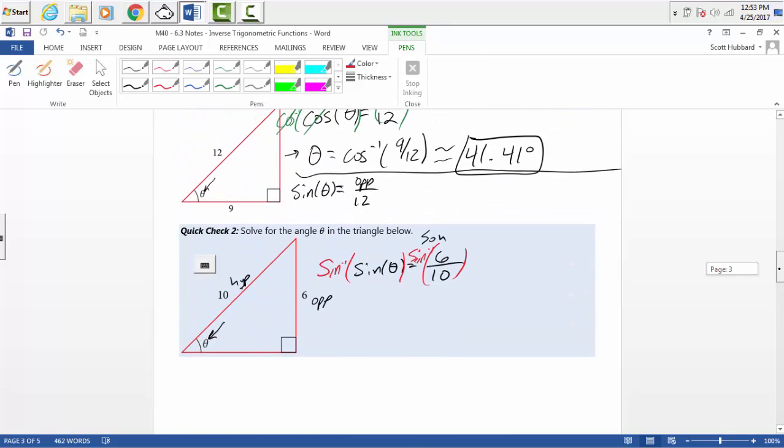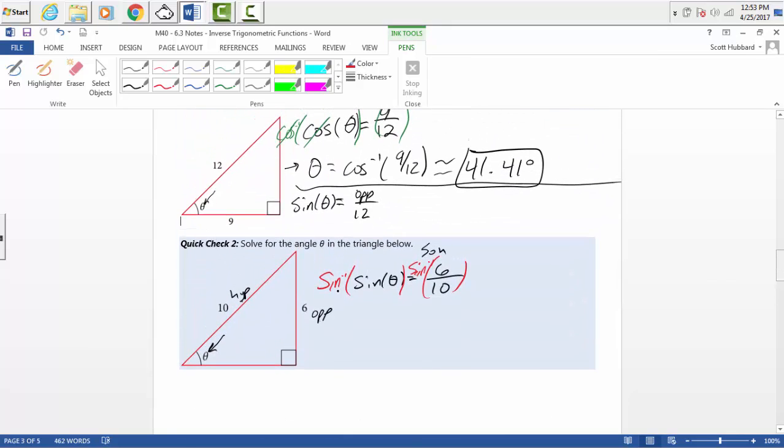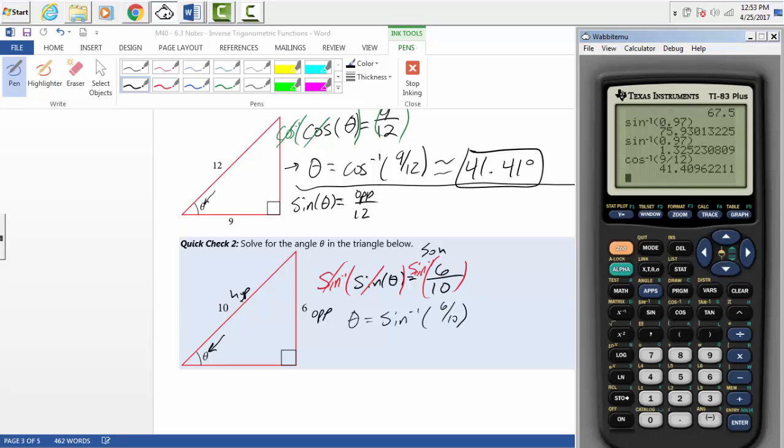One more page anyways. So here, sine inverse of sine of theta. Those cancel out, and we're left with what we're going to actually calculate. Theta is equal to sine inverse of 6/10. We can stay in degrees if we want. So we're in degrees, and we just do sine inverse of 6 divided by 10.